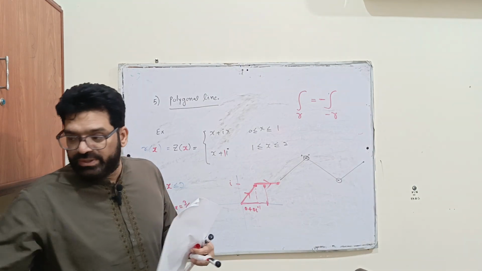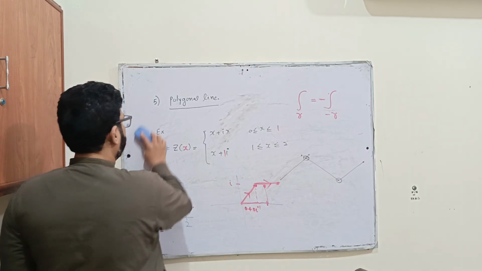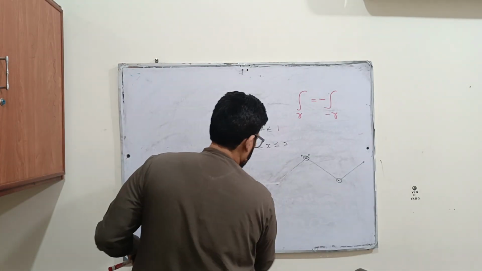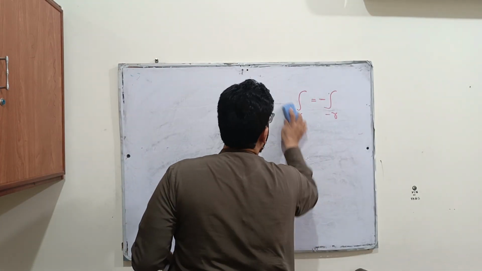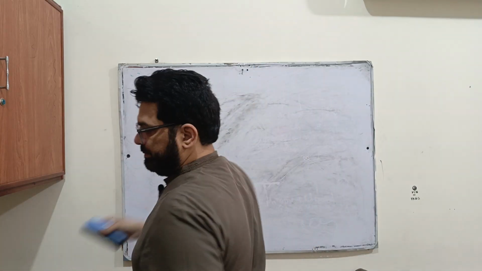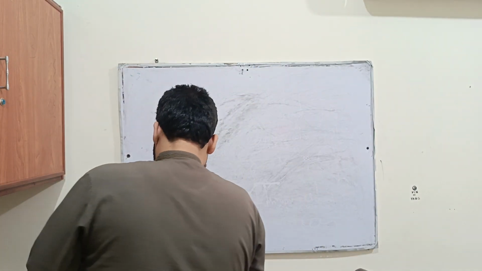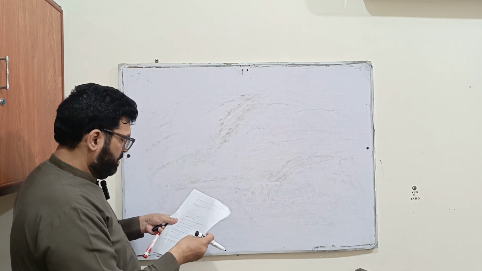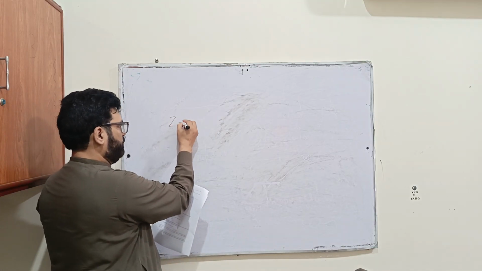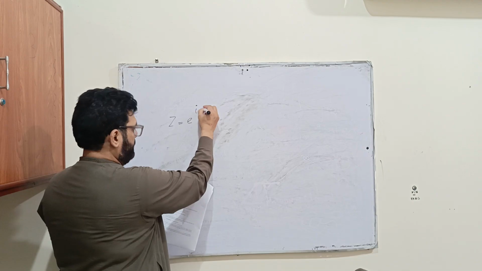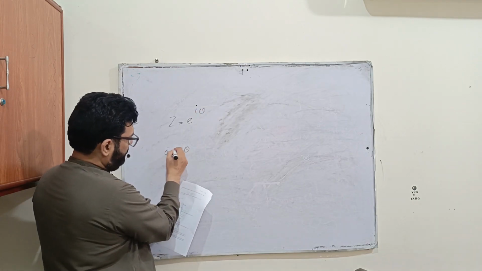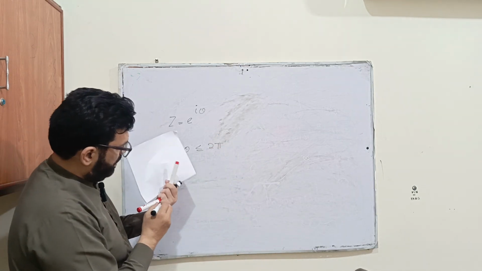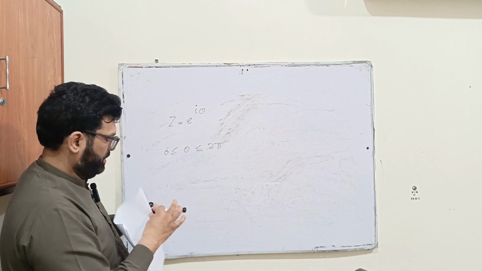Next we see further. For example, this is an equation, z is equal to e to the power iota theta, theta ranges from 0 to 2 pi, and we want to draw this function, this path.